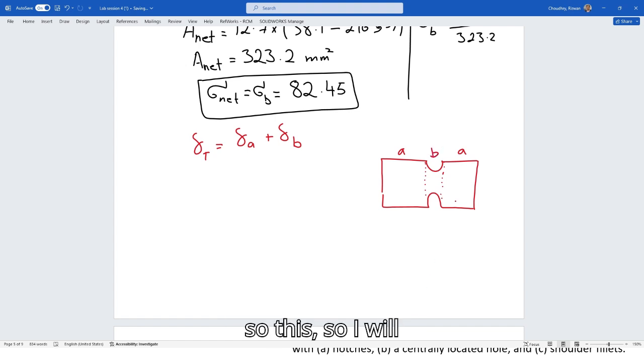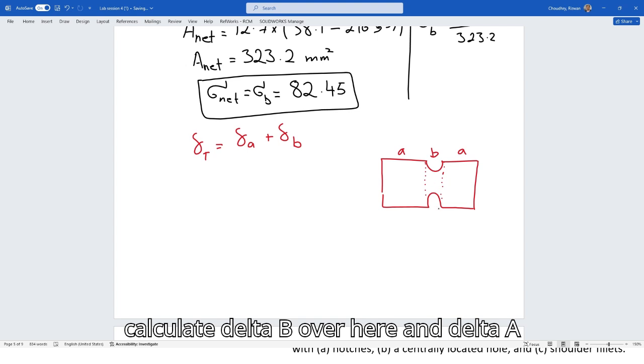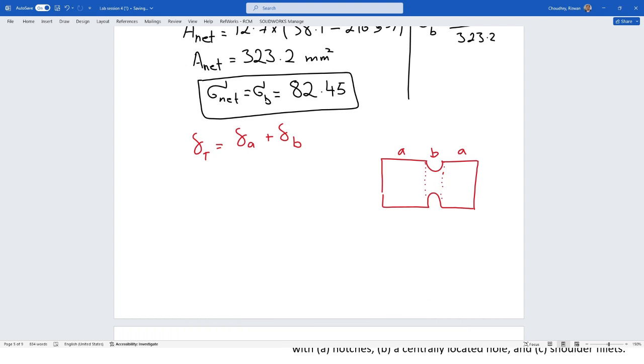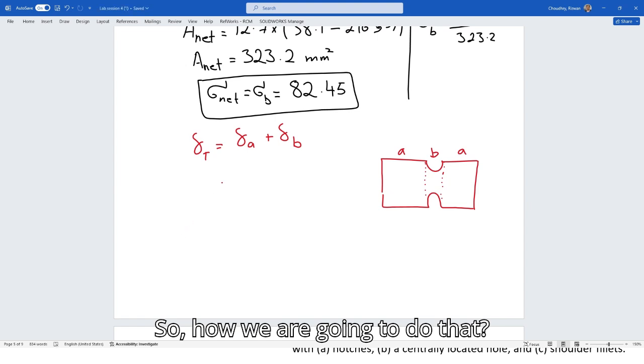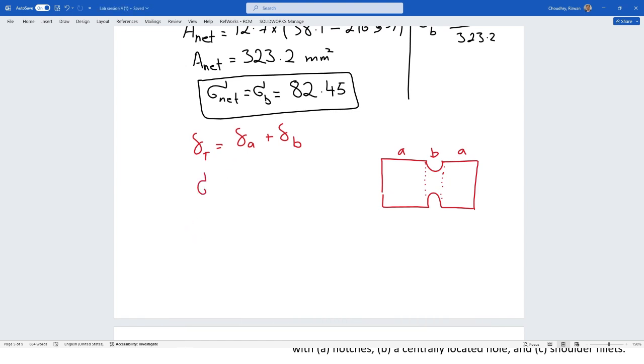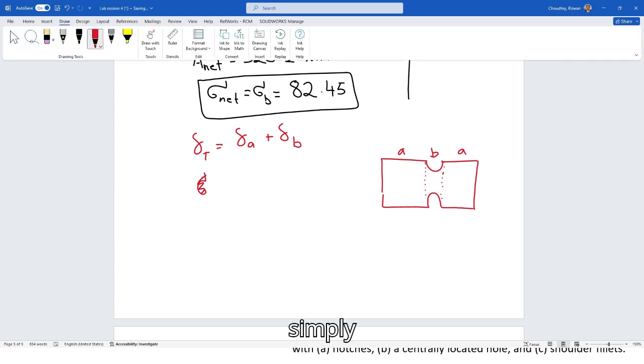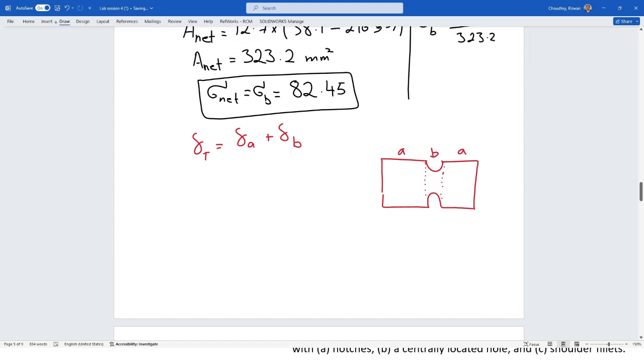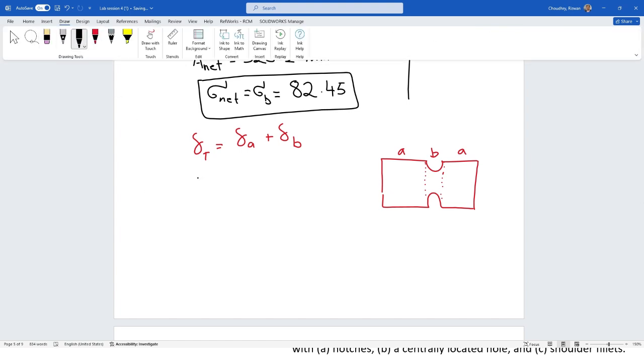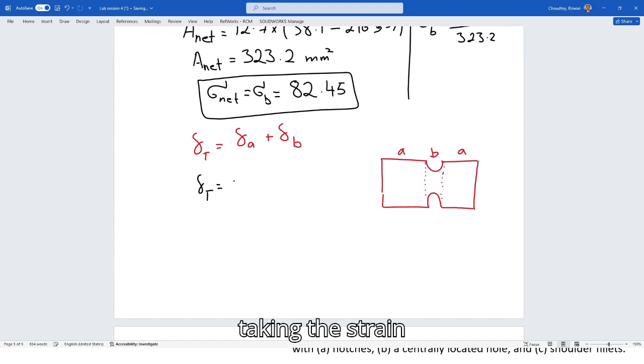So I will calculate delta B over here and delta A over here, right? How are we going to do that? We can do that by simply taking the strain in region A and multiplying it with the length of, let's say I call these A1 and A2.